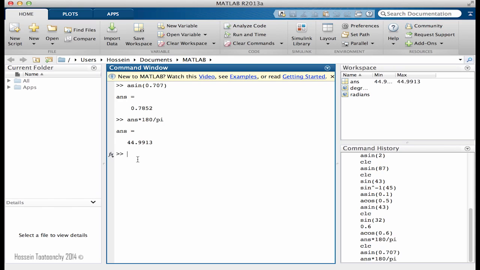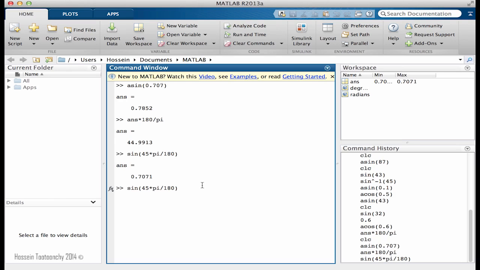So, if you remember, the sine of 45 degrees is going to be, with pi over 180, what we're going to calculate here is sine of 45 degrees in this line. 45 degrees is going to be this number. Okay.